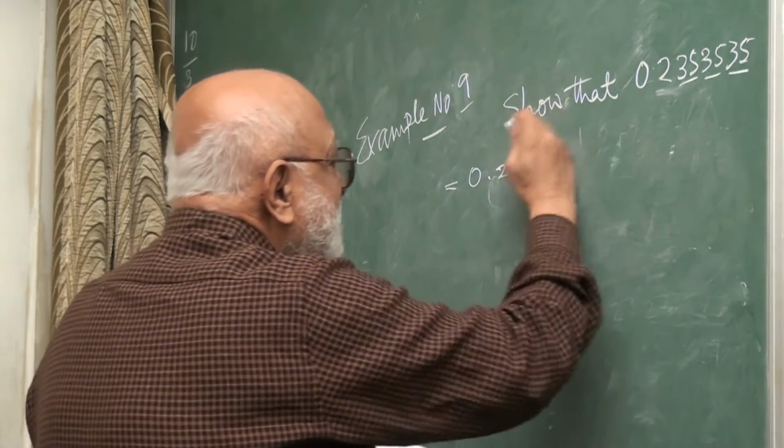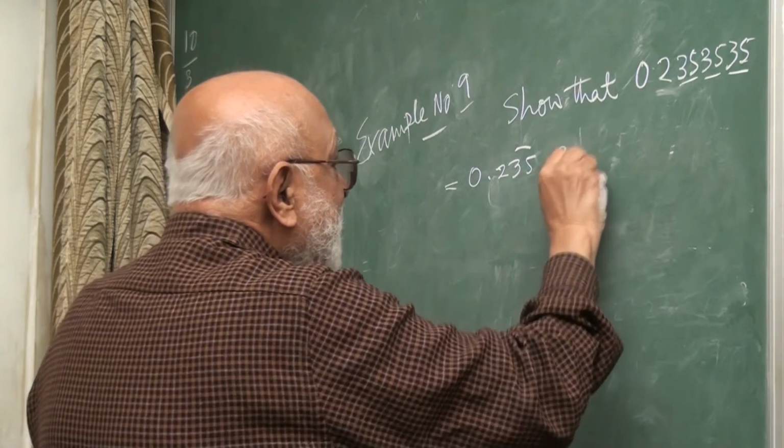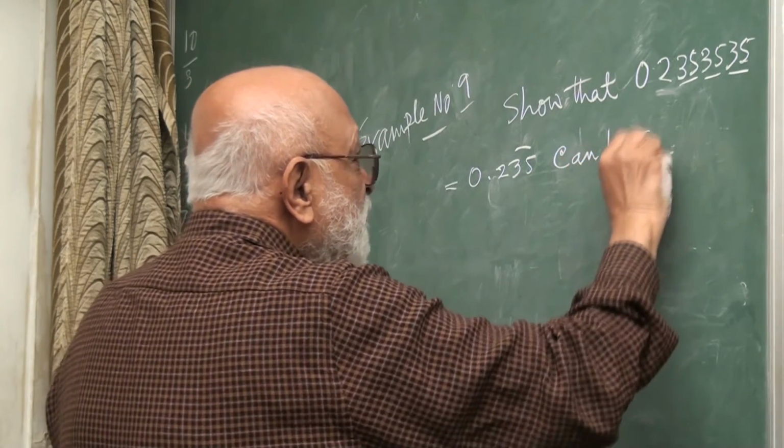It is given a little bit different. Instead of saying it is a rational number, it says can be shown. There is no difference.